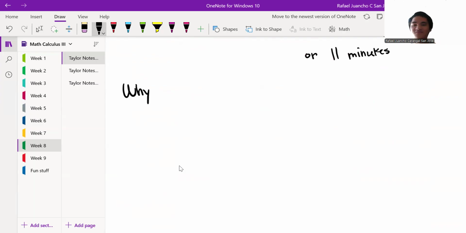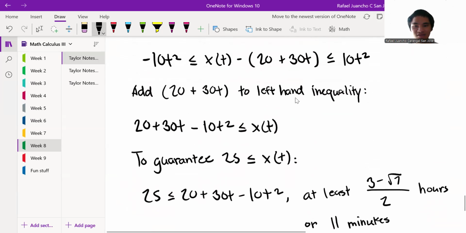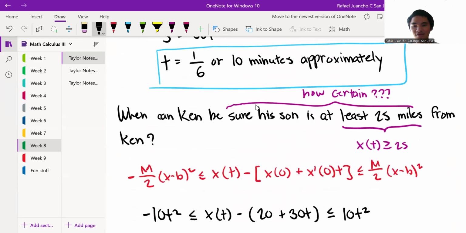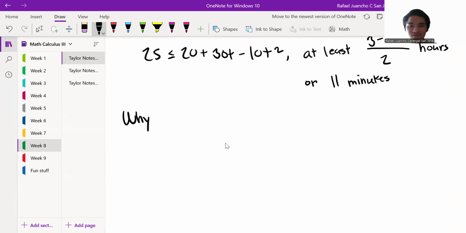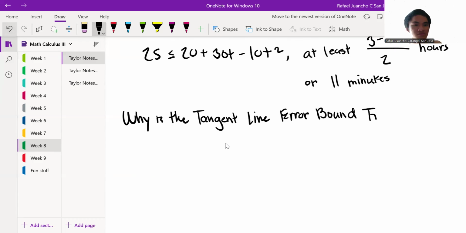Right, so that's the idea. We want to be absolutely sure, we want to be mathematically certain that Ken's son is at least 25 miles after 11 minutes, right? So now we're gonna define, why is this thing true? What makes this true? Oh, I wrote caps here.